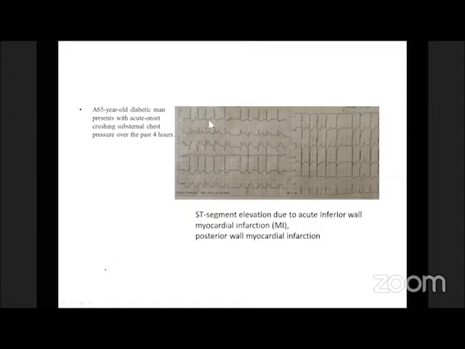Reciprocal change means there is a mirror image of ST segment elevation, which is ST segment depression in the opposite leads. For example, in the lateral leads, there is ST segment depression, and in the inferior leads, there is ST segment elevation. So this ECG is typical of ST segment elevation myocardial infarction. Also there is Q wave, as I mentioned before. There is Q wave before ST segment elevation.